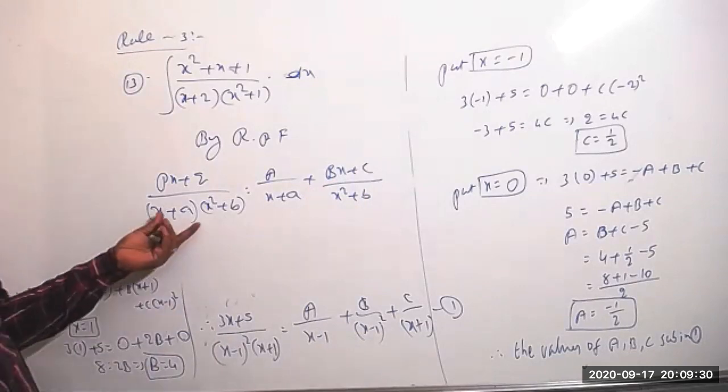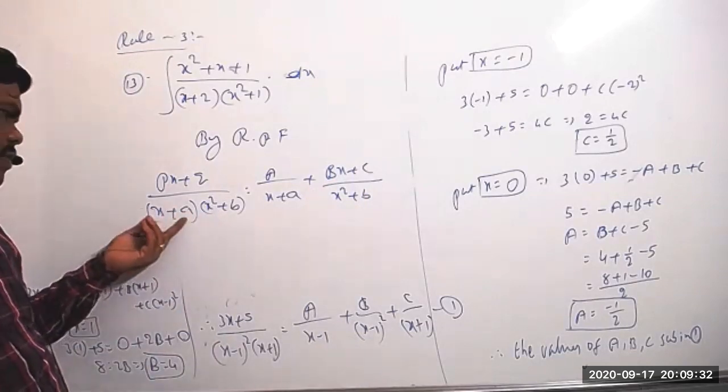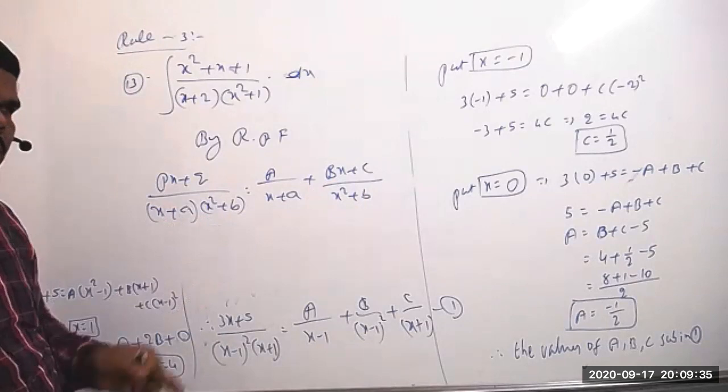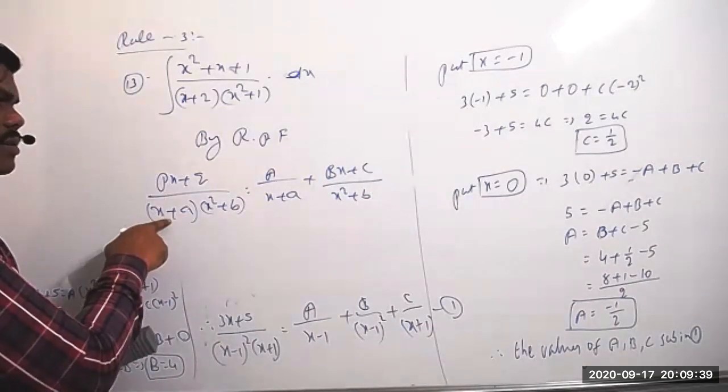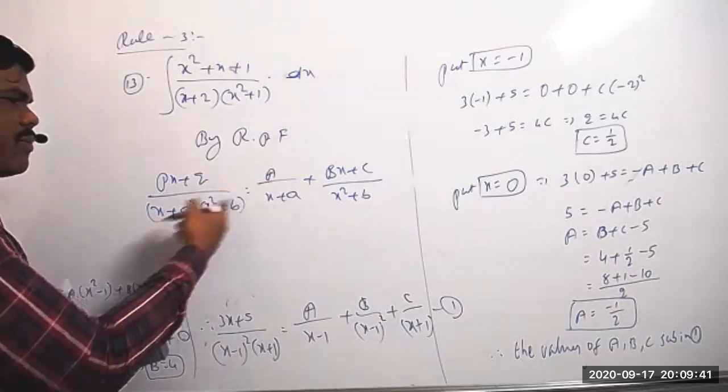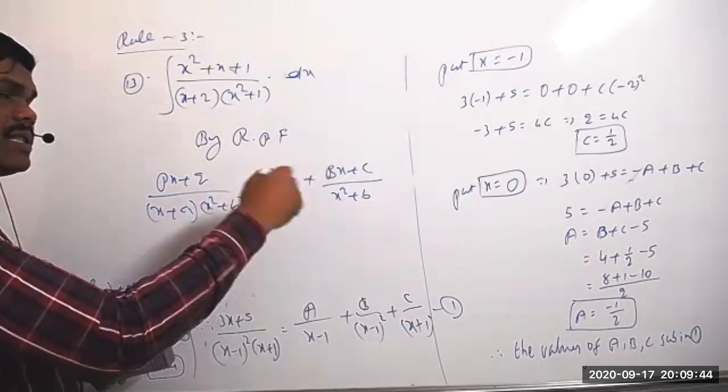Suppose these two will be irreducible only. I mean, the first factor and second factor, both of them will be irreducible. And that time, suppose we got an x square plus a, here you can write ax plus b by first one plus cx plus d by second one.